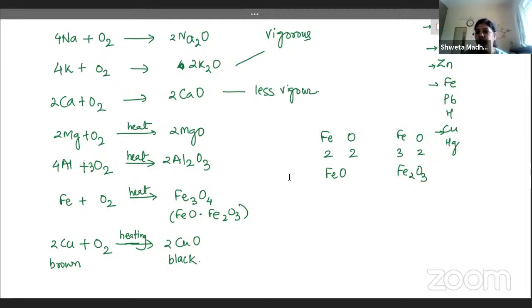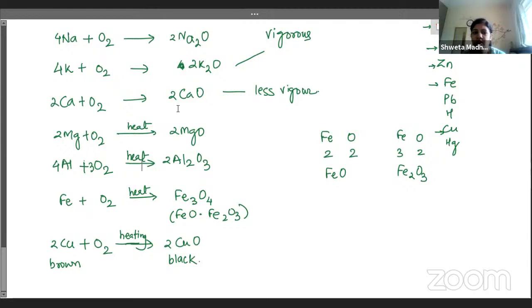Some need less, some need more. Accordingly, their position in the reactivity series is fixed, because of how vigorously or slowly they react, or how much energy they need to be heated to combine with oxygen. According to that, this reactivity is decided.